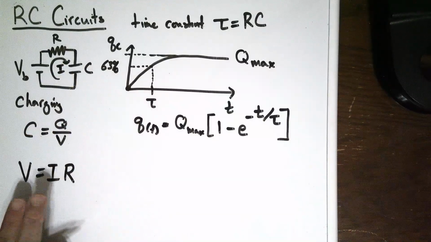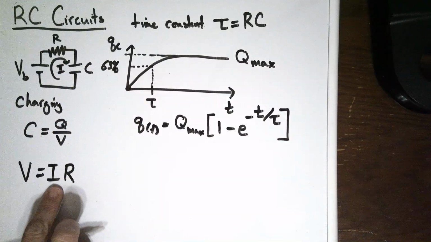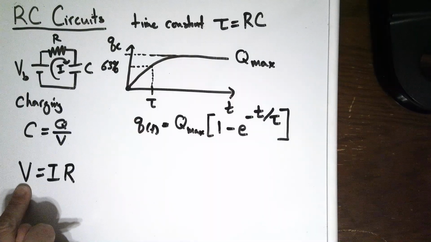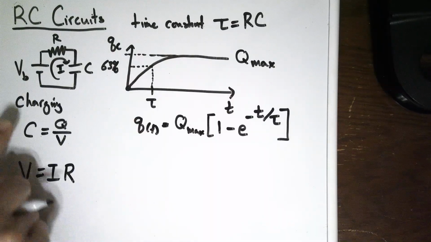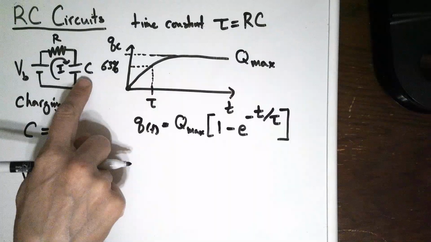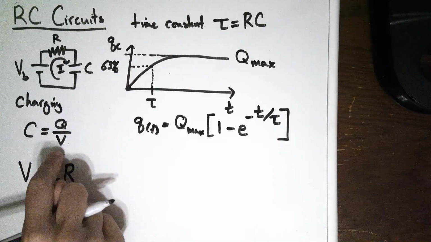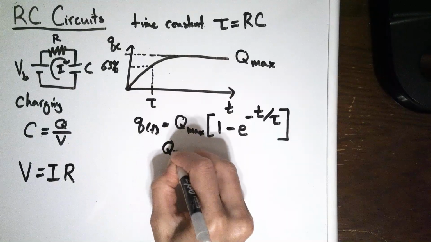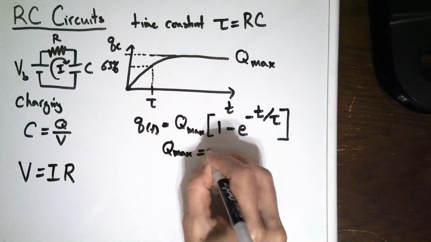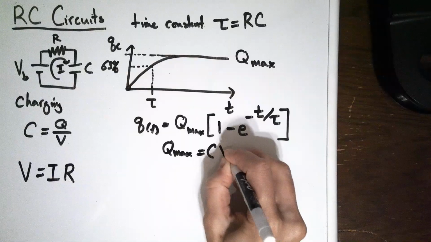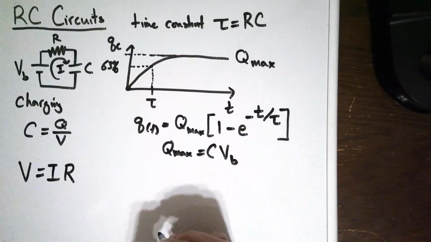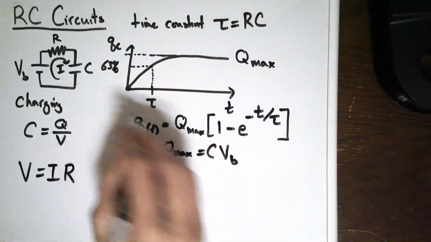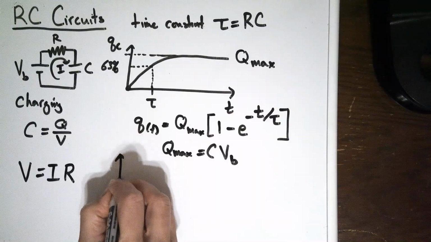It's completely charged up. So there's no voltage drop across the resistor. Current 0, so nothing's going across the resistor. So all of the voltage of the battery is actually over the capacitor. And so Q max is going to be equal to the capacitance times the voltage of the battery.